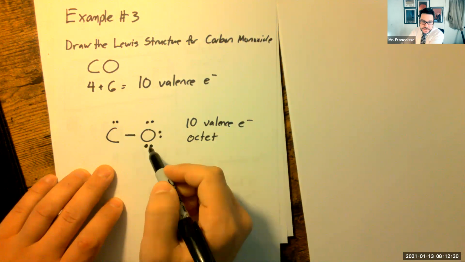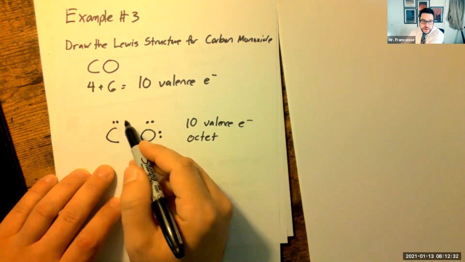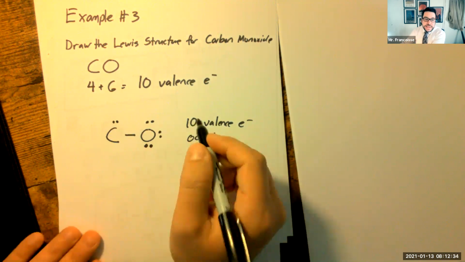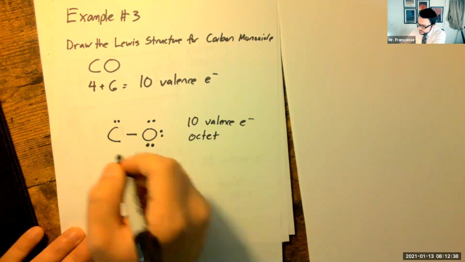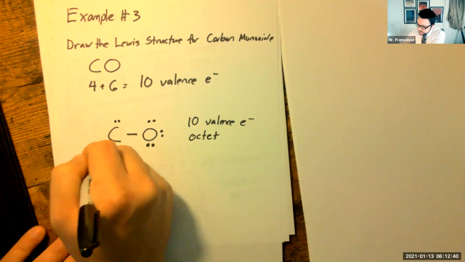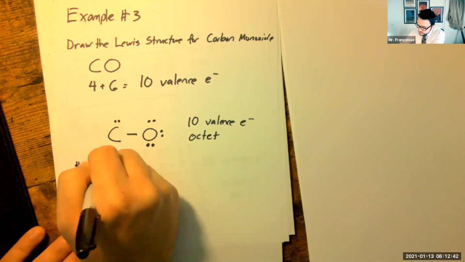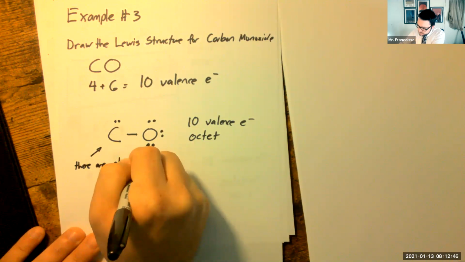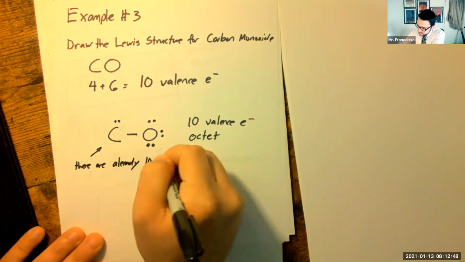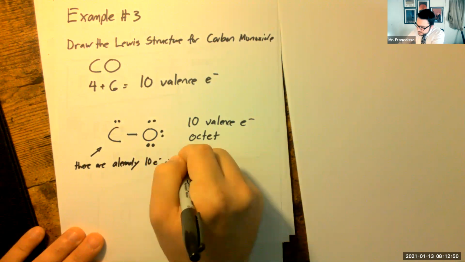We have 2, 4, 6, 8, 10. We already have 10 electrons. We can't add any more to this side. So there are already 10 electrons, so we can't add more.